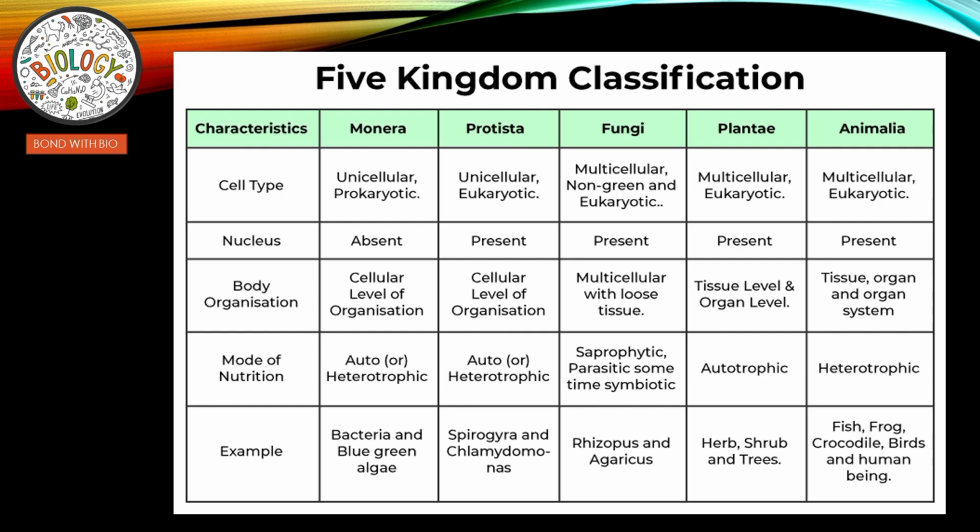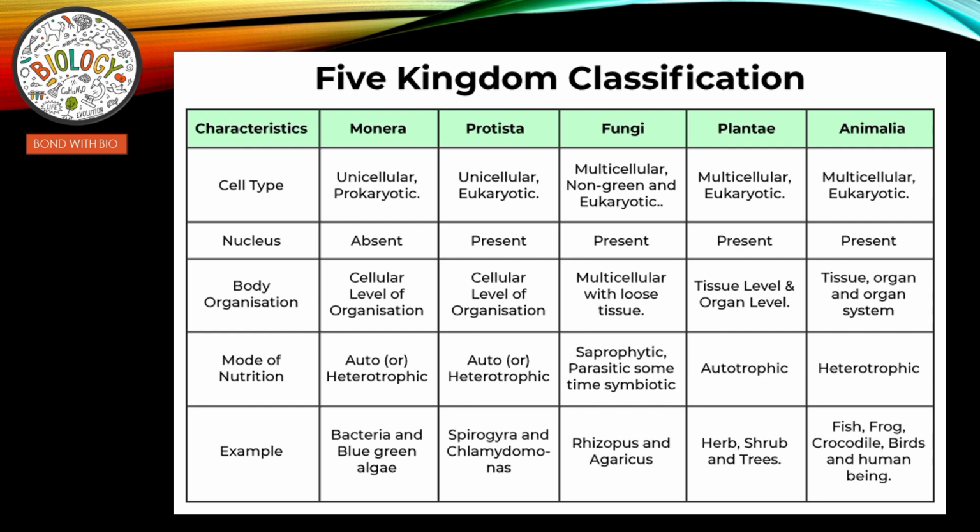Kingdom Plantae are multicellular and eukaryotic in nature, and in kingdom Animalia, the organisms are multicellular and the cells are eukaryotic. In the Monera cell, the nucleus is absent. In Protista, the nucleus is present. In fungi, it is present. And in Plantae and Animalia, it is present.